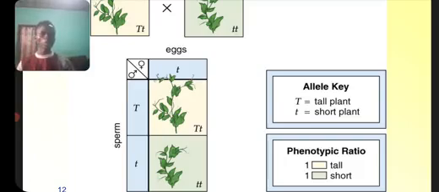So that will show that the dominant phenotype has a heterozygous genotype, because half the offspring are tall and the other half short, which is a ratio of 1:1.